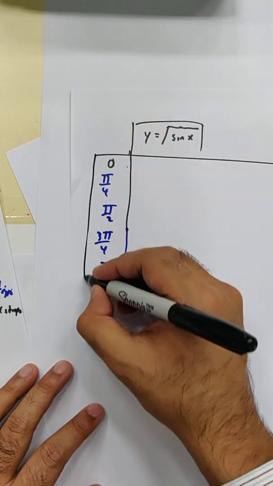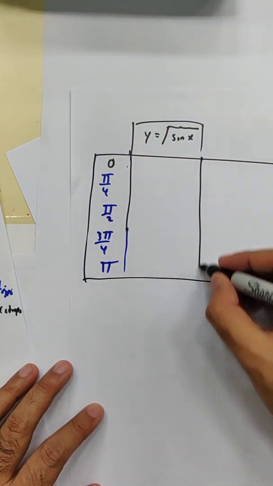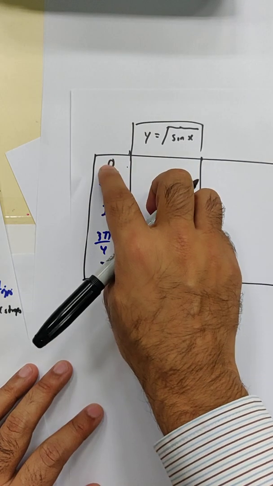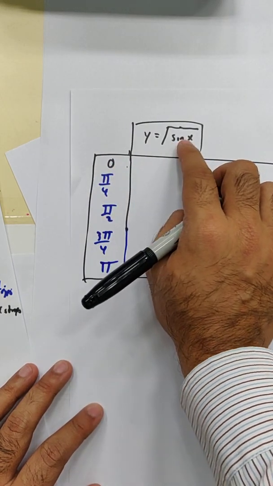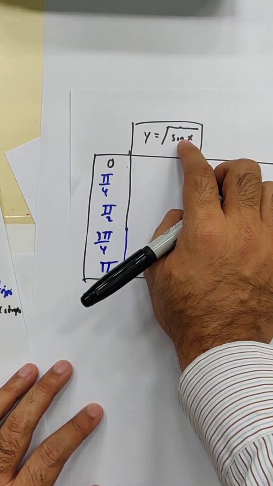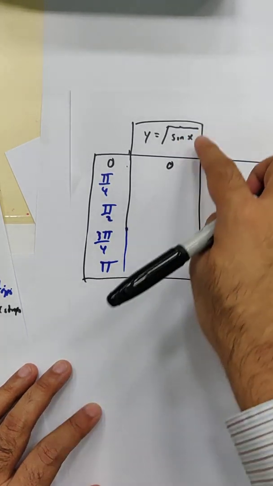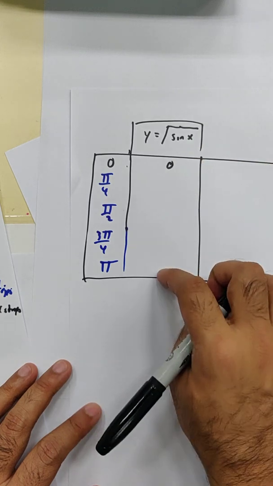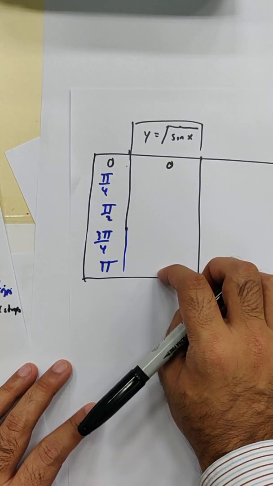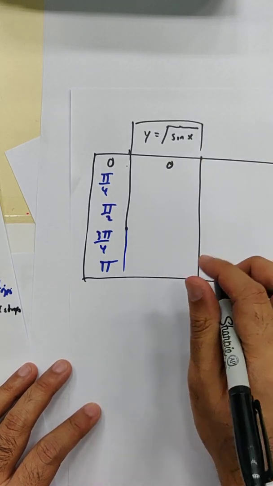I think I know your problem, why some of you could not get it. Okay, substitute 0 over here, sine 0 give you 0, square root of that will give you 0. Now what about we go with sine pi? Sine pi will also give you 0.